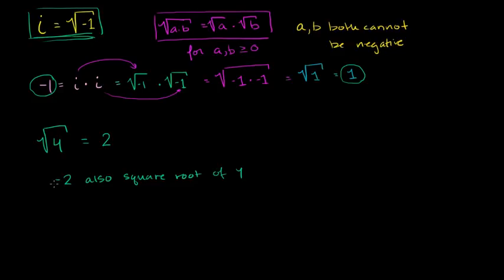If you have -2 times -2, it's also equal to 4. This radical symbol here means principal square root. When we're just dealing with real numbers, non-imaginary, non-complex numbers, you can really view it as the positive square root. If you have this radical symbol right here, it means the positive square root.